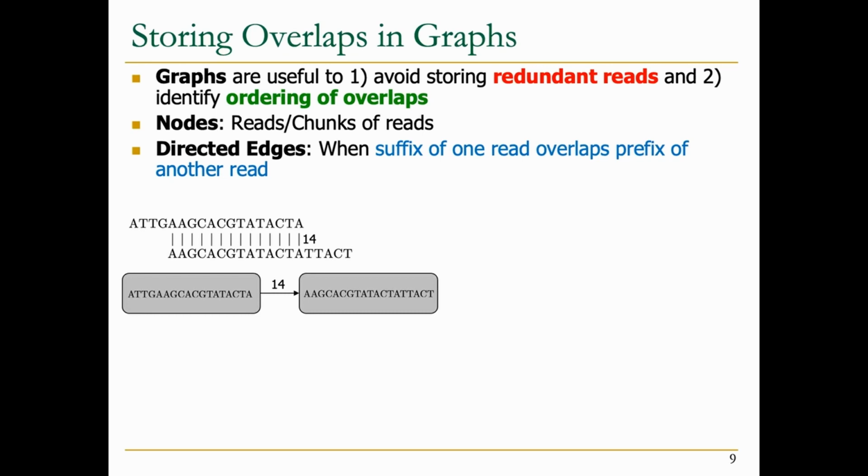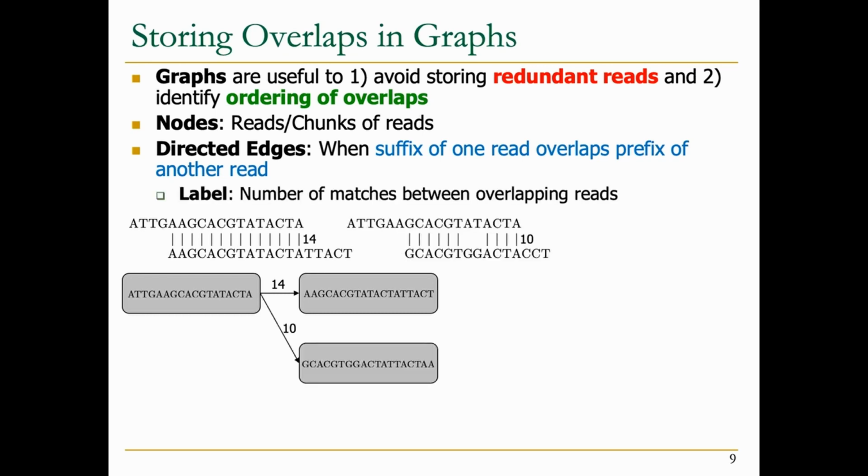There is one more piece of information that we store, which is the label on the edges, which usually stores either the number of matching bases. For example, here it says there are 14 bases that match between these two, and here 10 bases. Or you could also store the difference between them. It's essentially the same. Whatever process you want to do next, you can store whatever information you want here.